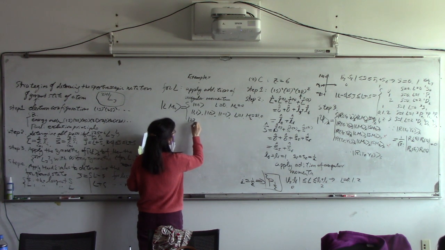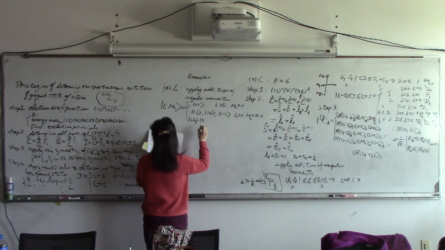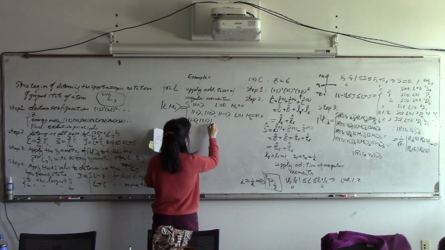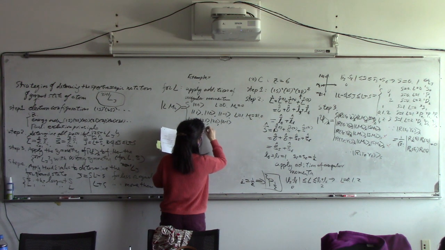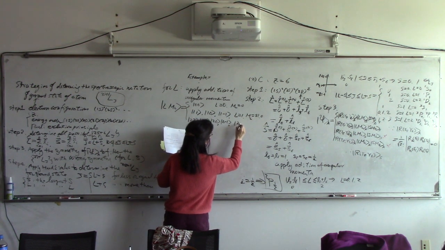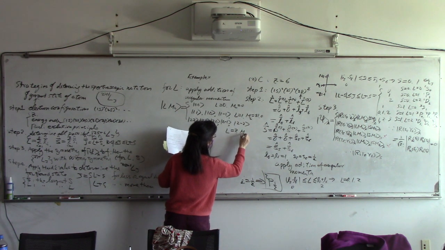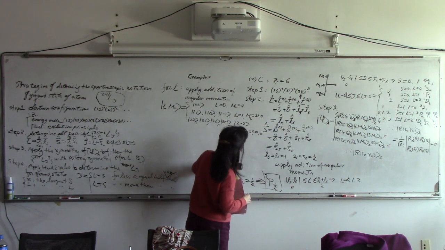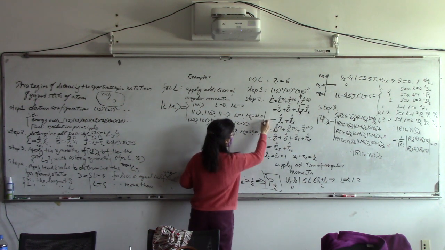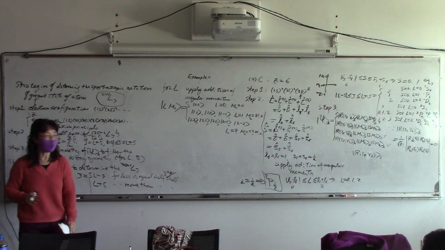So we have 2, 2; 2, 1; 2, 0; 2, minus 1; 2, minus 2. This is for L equal to 2, and M_L is plus or minus 2, plus or minus 1, 0. So totally we have 9 states.